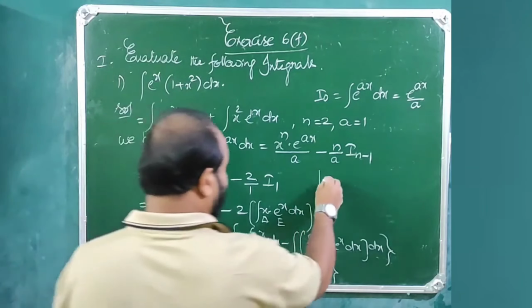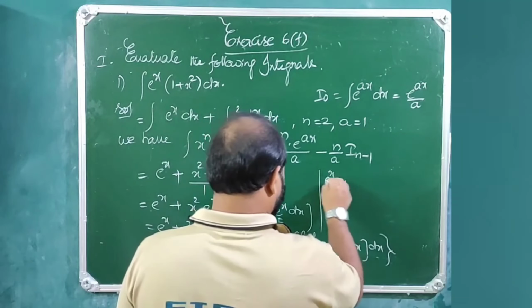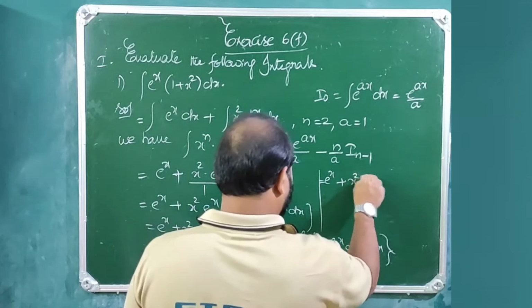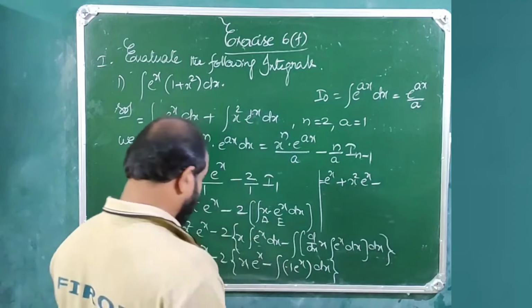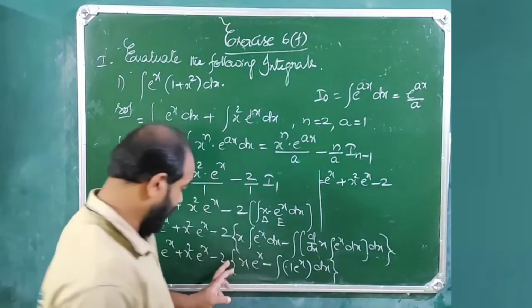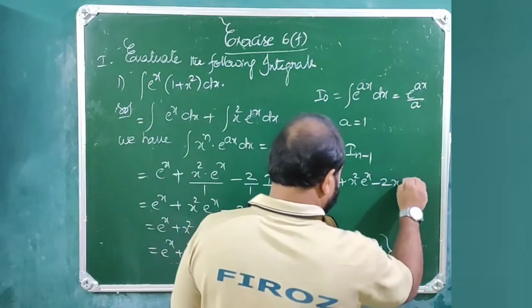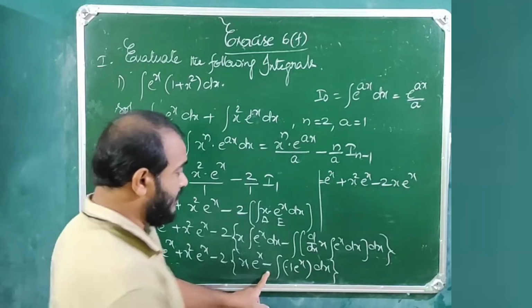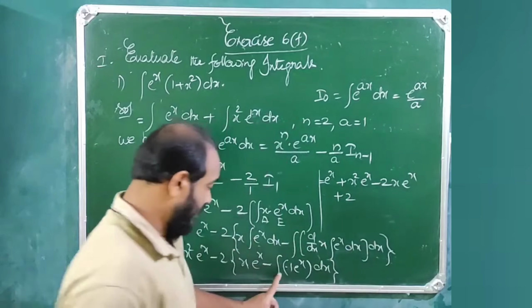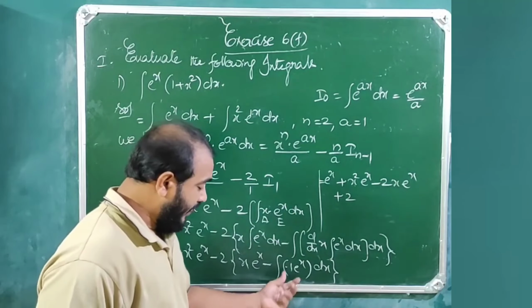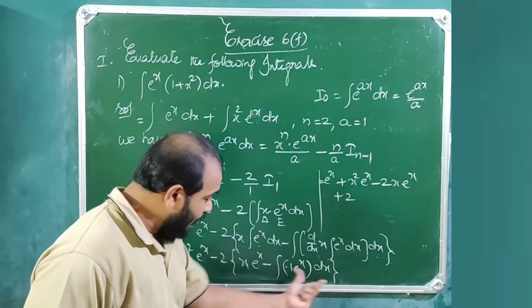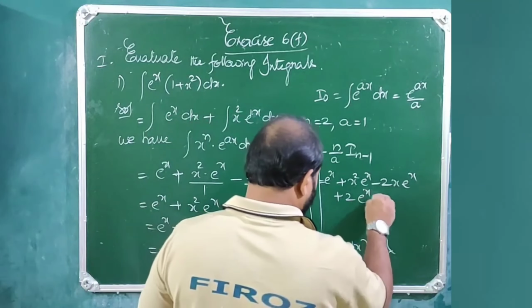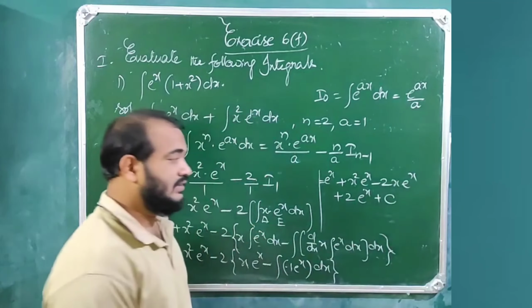So this is e power x plus x square e power x minus 2 x e power x. So minus into minus plus 2 into integral 1 into e power x is e power x. Integral e power x dx is e power x plus constant of integration c.